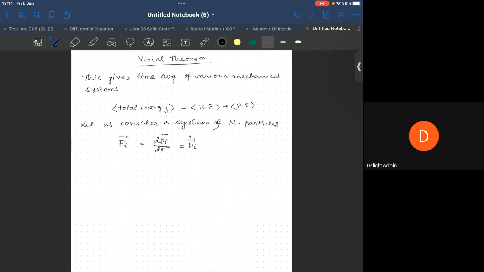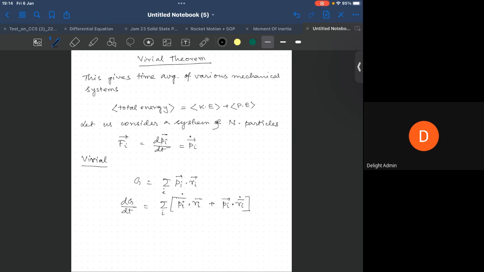Now we define this virial G as the sum over i of pi dot ri. Now if we take the time derivative, then I will get the sum over i of pi dot ri plus pi dot ri dot.